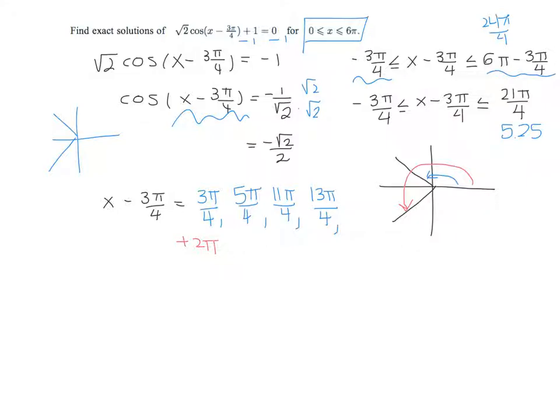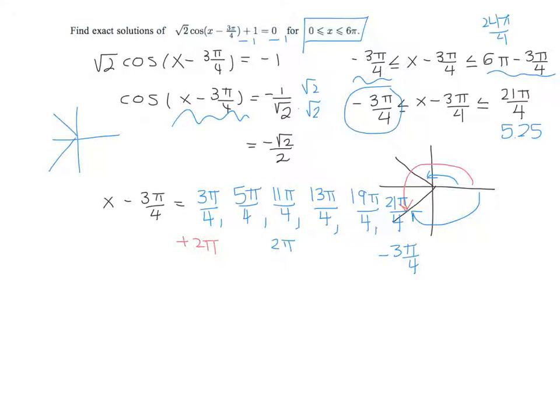So adding another 2 pi onto 11 pi over 4, which is again 8 pi over 4, you get 19 pi over 4. And then finally 21 pi over 4. If you go in the negative direction, this is negative 3 pi over 4. That's the first angle that we're going to hit going in the negative direction. So your answer will include negative 3 pi over 4 as well.